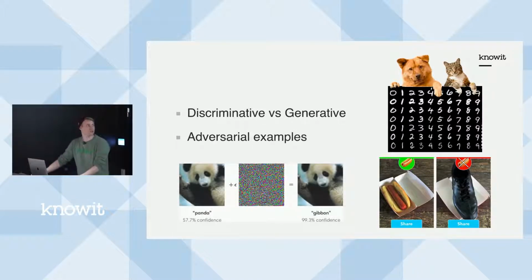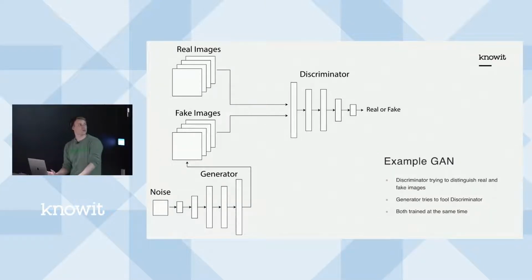Here we have an example. You have the first image, which is classified as a panda. Then you adjust some of the pixel values, and the result still looks like a panda to us, but to the network it looks like a gibbon with 99% confidence.